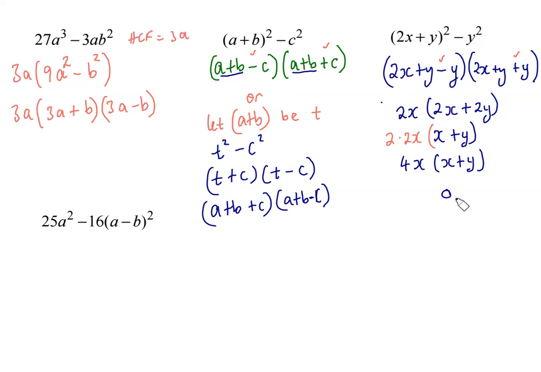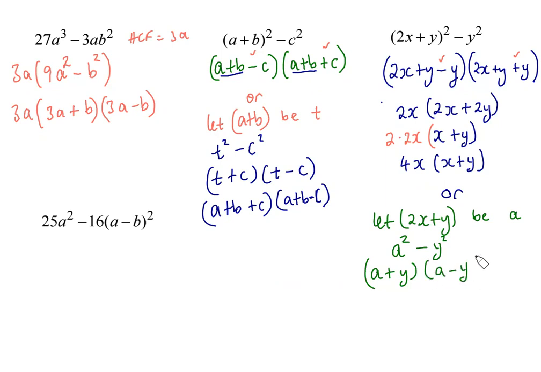Okay, we can also say, let 2x plus y be, let's call it a. Let it be a. So everything here, 2x plus y, let's call it a. So it's going to be a squared minus y squared. What do we do? It's going to be a plus y, a minus y. Then for this one here, we take back our 2x plus y.